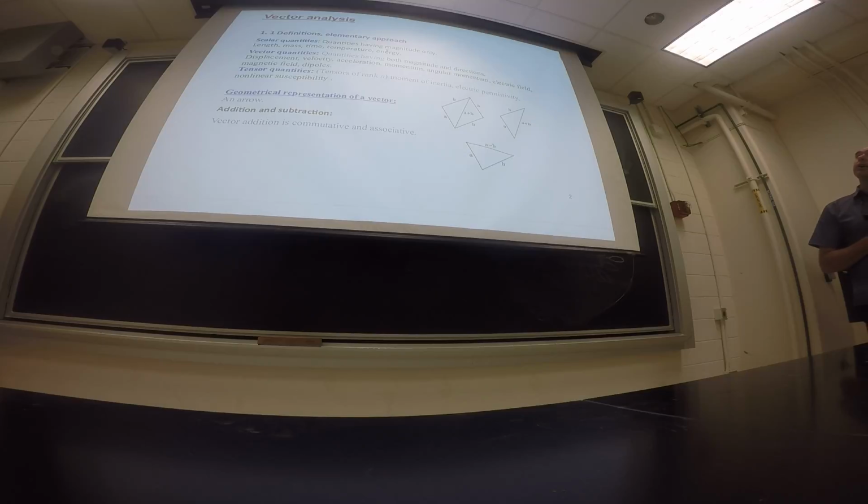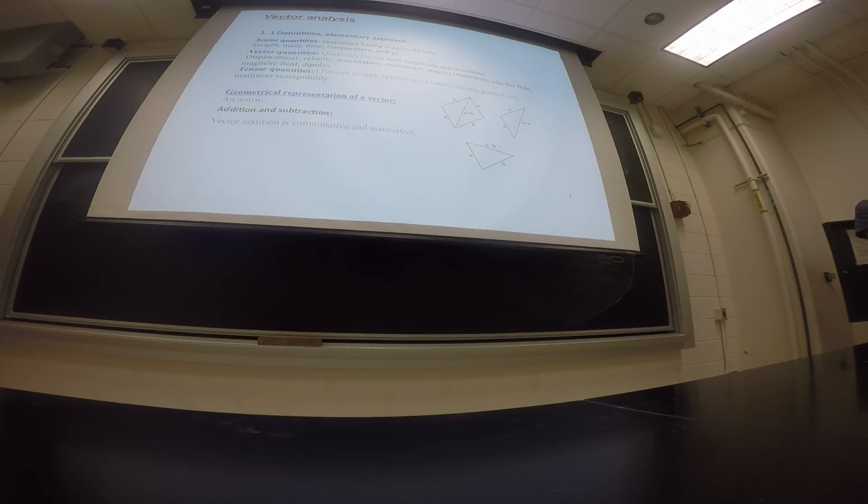They won't have direction. Vector quantities have both a scalar component and a direction. Examples include displacement, velocity, acceleration like gravity, momentum, angular momentum, electric fields, magnetic fields, dipoles. You have to have an orientation of a dipole, a vector quantity.